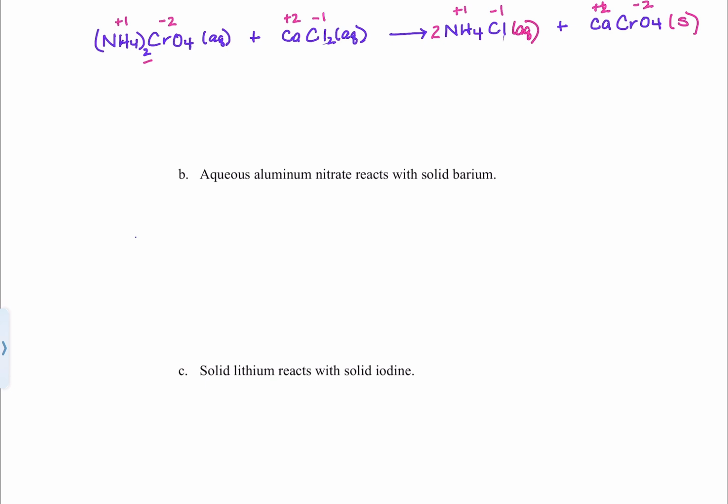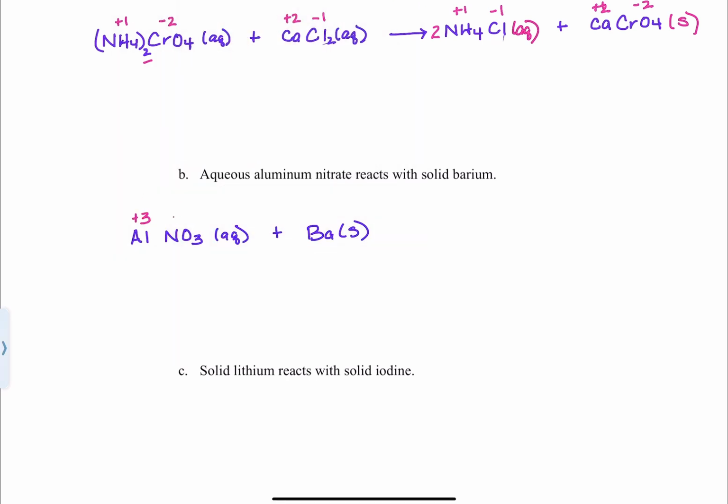So let's go in and do that. We have aluminum and then nitrate is NO3 and it's aqueous, plus solid barium. Okay, so let's make sure our compound is written correctly.